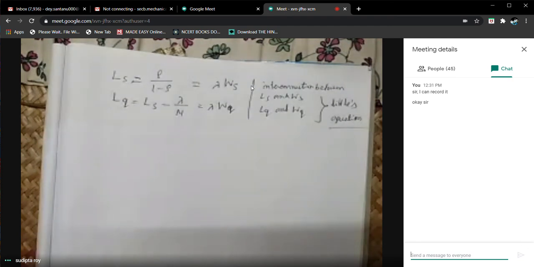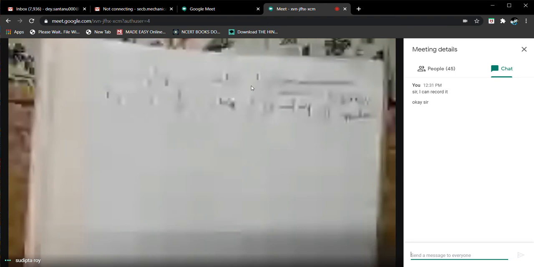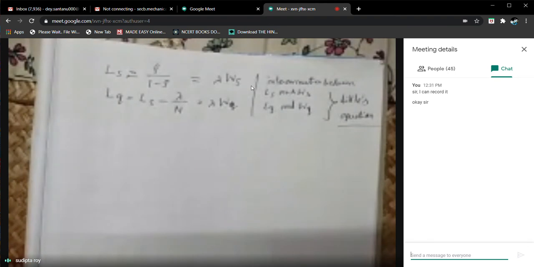That means the quantity of time he will be in queue, that is WQ, plus the amount of time he will be serviced, the servicing time.